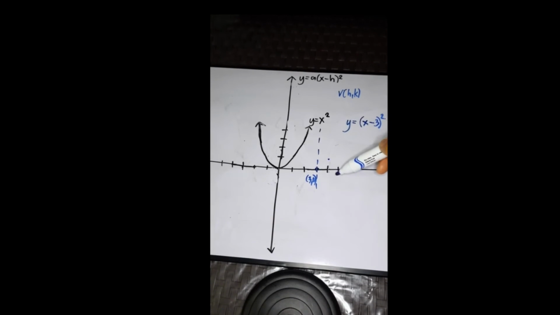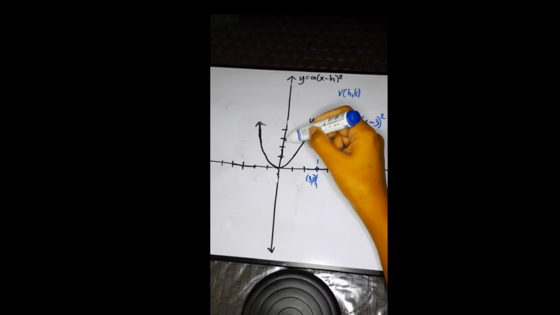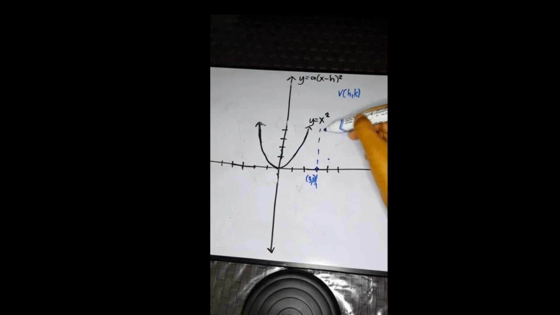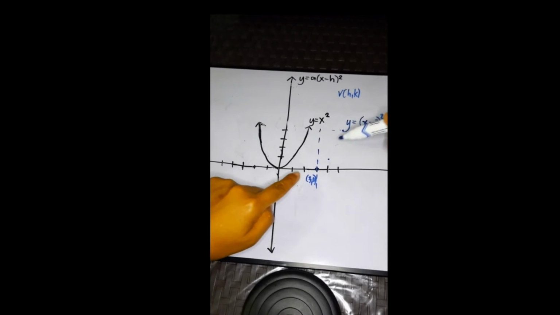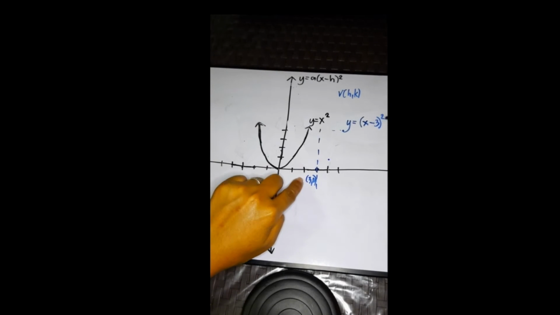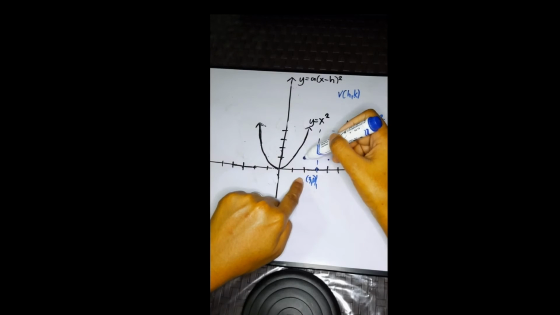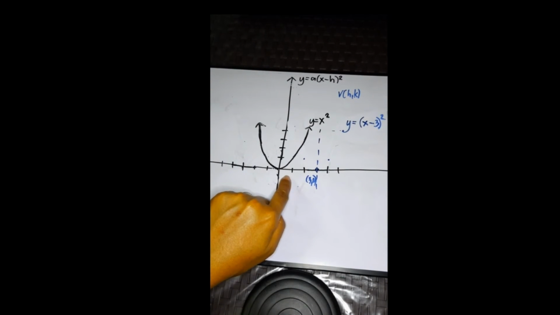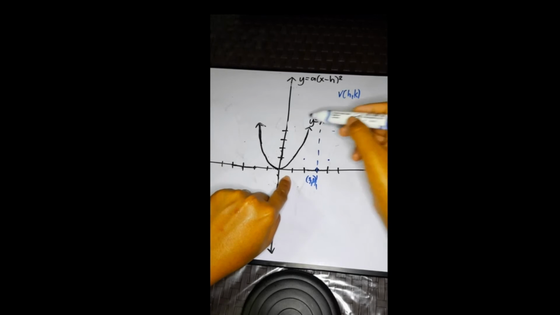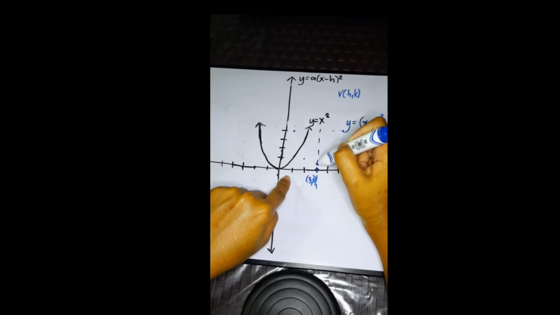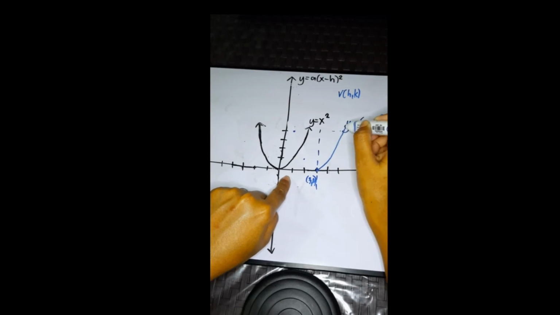If x is 5, then our y is 5 minus 3, 2, 2 square is 4. So, 1, 2, 3, 4. Ito, dito siya. Okay? If x is 2, so 2 minus 3, negative 1 square is 1. And if x is 1, therefore, we have 1 minus 3, negative 2 square is 4. So, most probably, yung graph natin is like this.